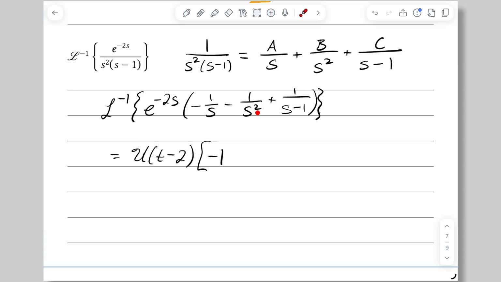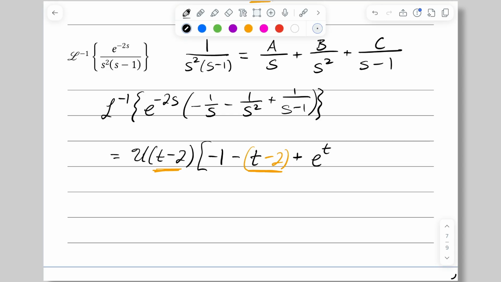The inverse transform of negative 1 over s squared is negative t, but wait a minute, everywhere we write a t, we need to write down t minus 2. The inverse transform of 1 over s minus 1 is e to the t, but yes, again, that needs to be e to the t minus 2.